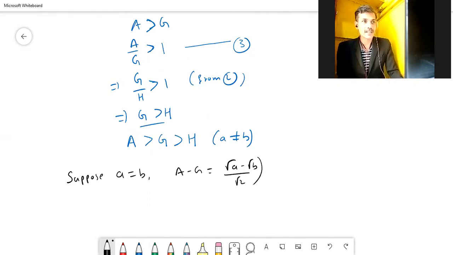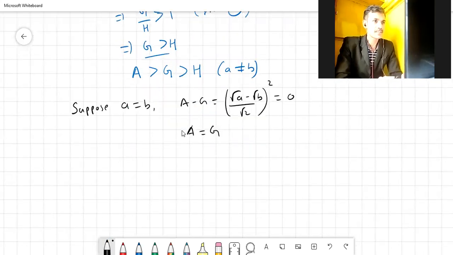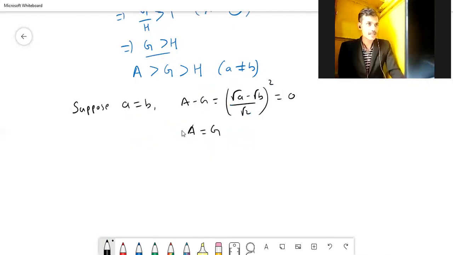If A and B are equal, then what will you get? Here you will get 0. That implies A equal to G. Okay. And if A equal to G, then what can you say about A upon G? That is equal to 1. And A upon G is equal to G upon H from 2. So this is also 1.